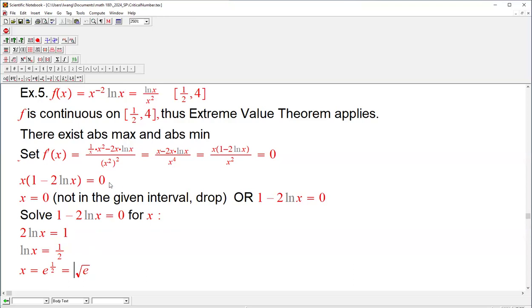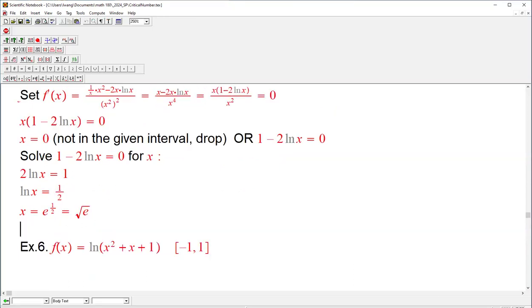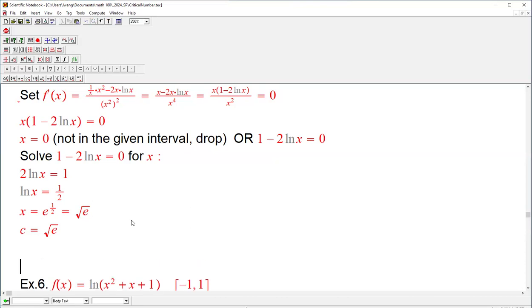Square root of e. So that's our critical number. Our critical number is the square root of e, and that's the only critical number.